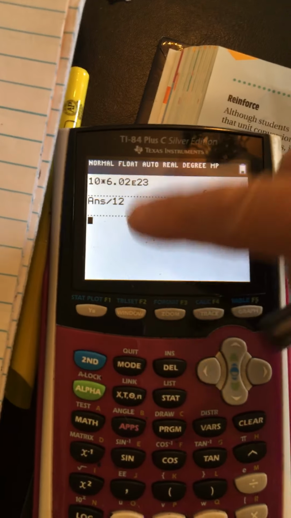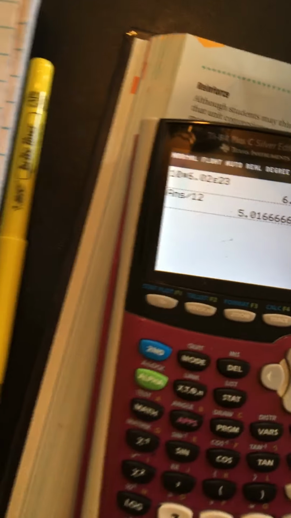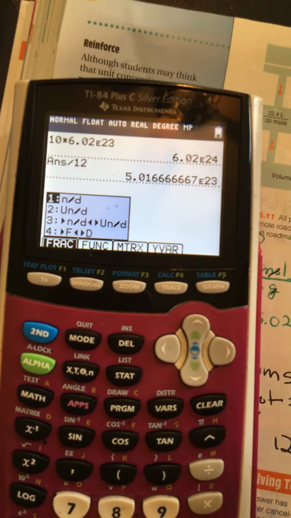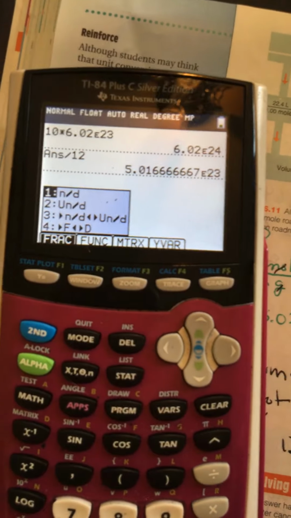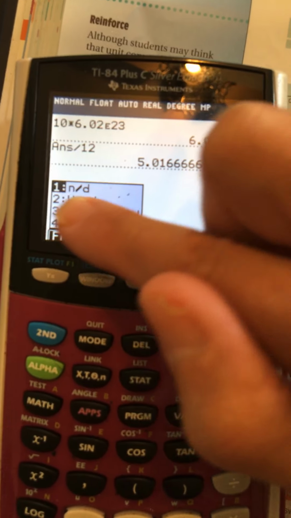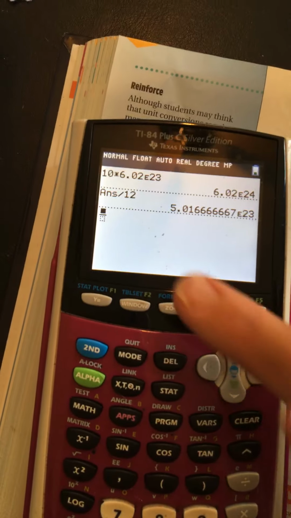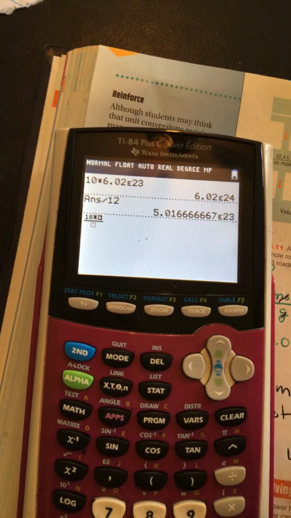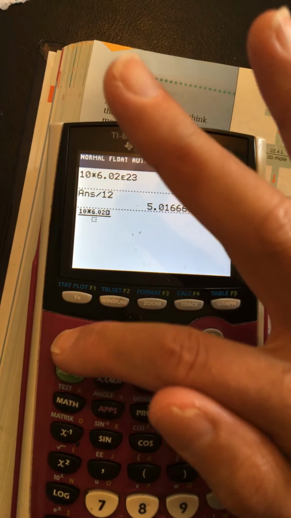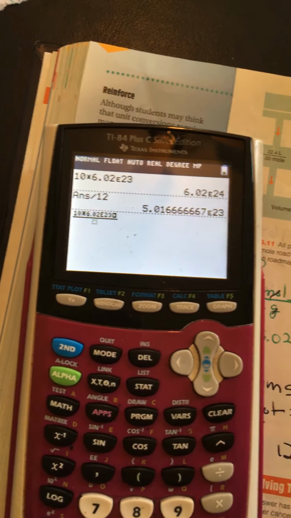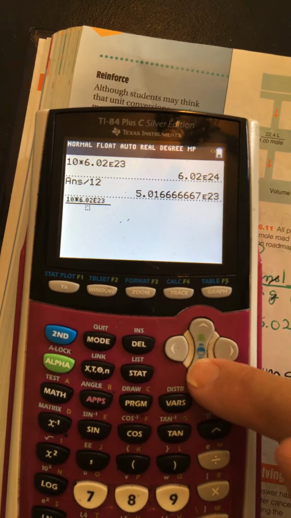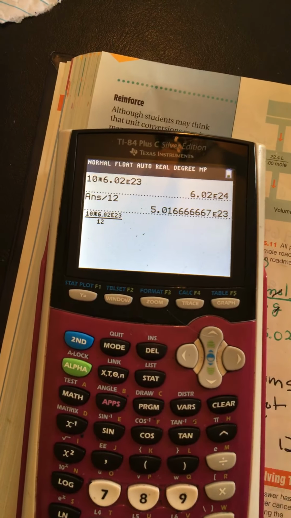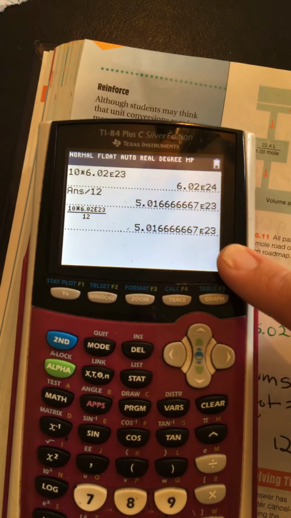Now, if you don't want to hit enter first, the other way you do this is you can put it in like this. You can say alpha y equals, select number 1 off the pop-up menu, which stands for make it a fraction, numerator, denominator. And it gives you this little blinky thing. Then you could do 10 times 6.02 to the 23rd power in the numerator. You can arrow down to the denominator and put 12 and hit enter, and that will give you the right answer too.